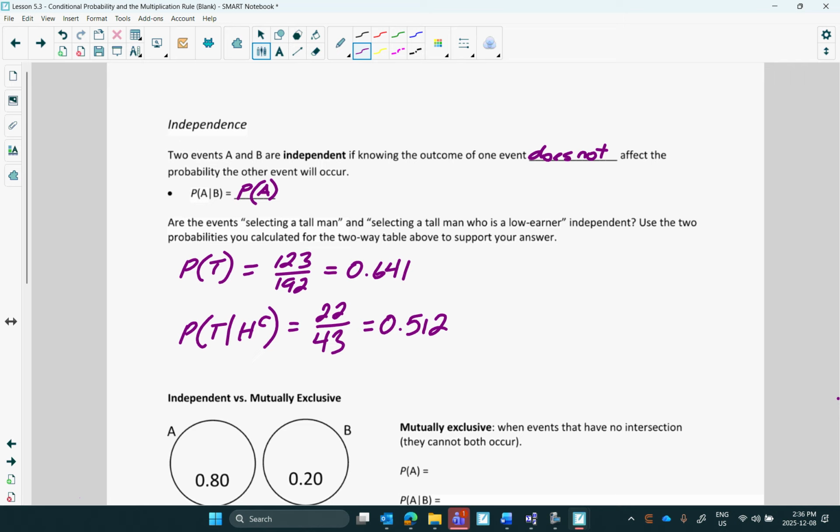One does depend on the other. So to test for independence, you would just say because P(T) does not equal P(T given low earner), they are not independent. And that's sufficient. That's all you have to say.